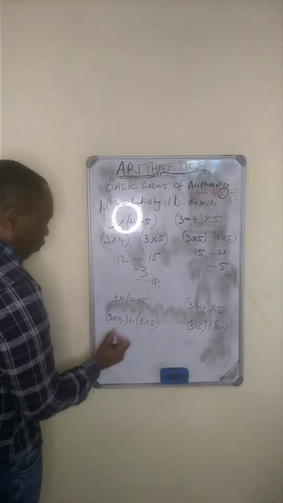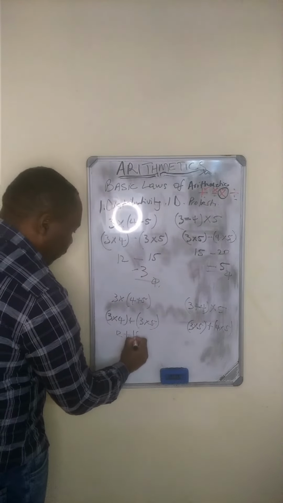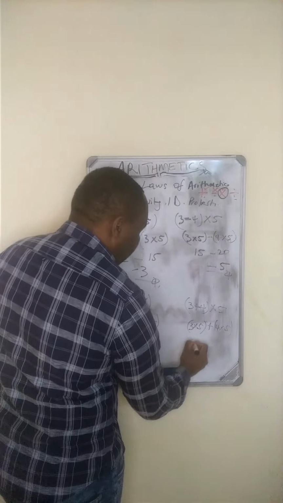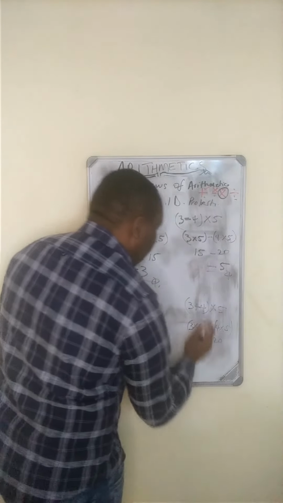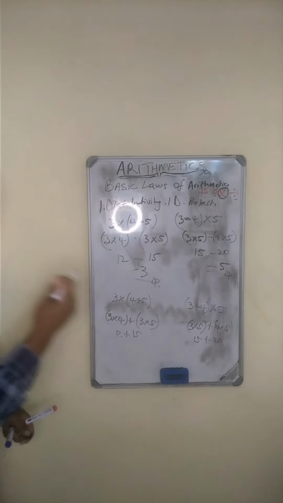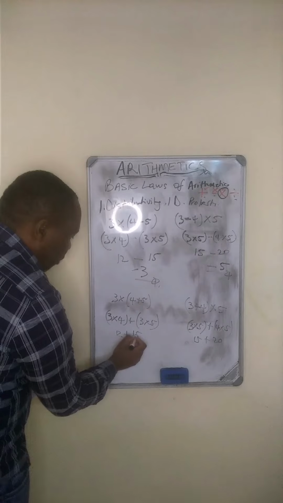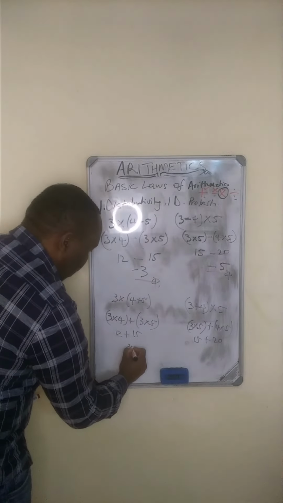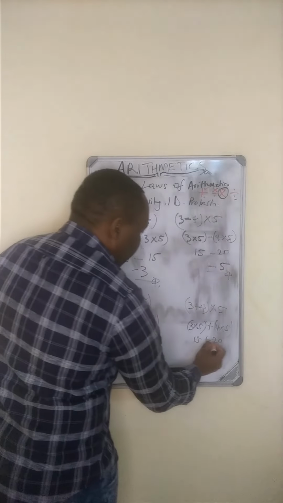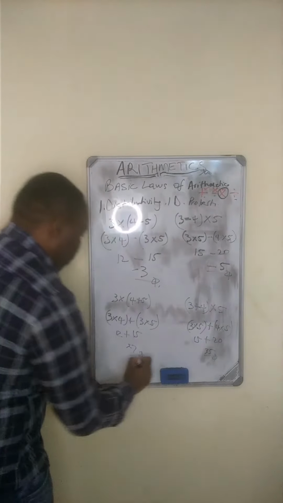So 3 times 4 is 12, plus 3 times 5 is 15. 3 times 5 this side is 15, plus 4 times 5 is 20. It's the same as above, but the signs are different, it seems. 12 plus 15 is 27. 15 plus 20 is 35. This is what we get.